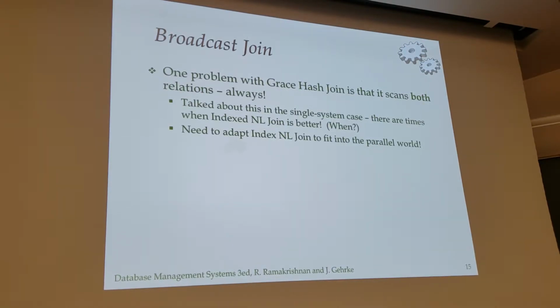There is one minor issue with Grace hash join, which is that unlike what we've seen with index nested loop join, which you should remember since it was on the midterm, you have to look at every tuple in both R and S. Now it could be that only a few tuples inside S participate in the join.